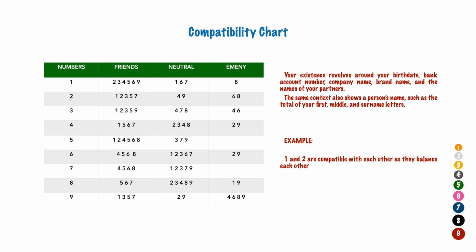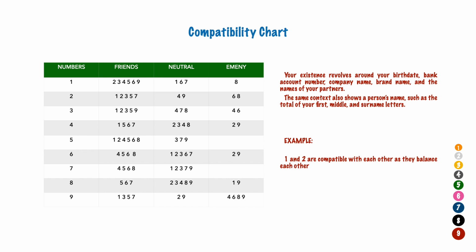They are neutral, meaning there are not many challenges or not too much bonding, with number 1 itself, 6 and 7. But incompatible, so called enemy relationship, with number 8.